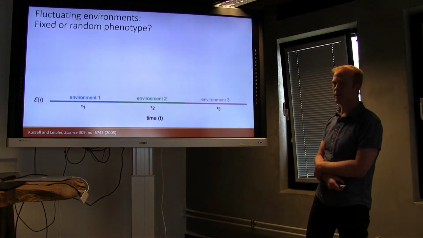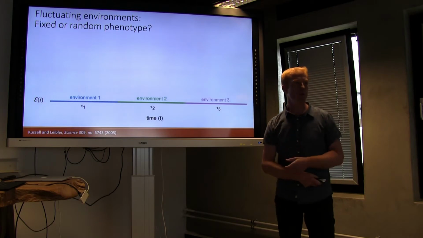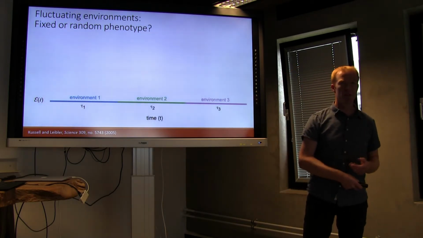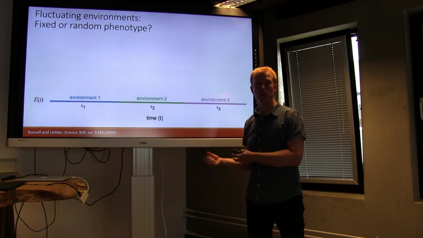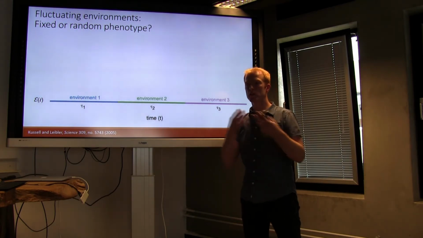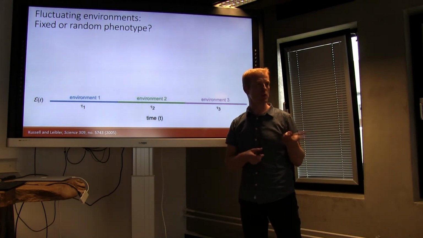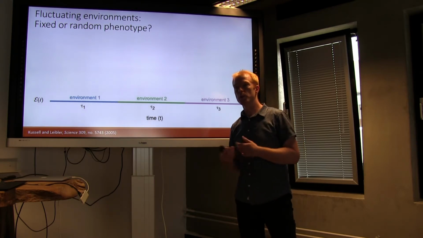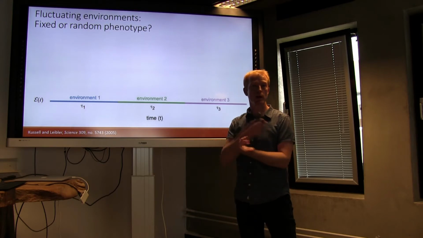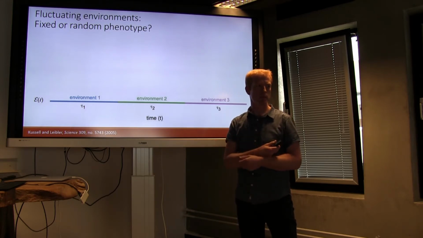So people have then asked this question, like, is it true that under some circumstances it is useful to have some subpopulation in one state and another subpopulation in another state and randomly switch in between to anticipate possible switches in environment that require you to be in the other state?